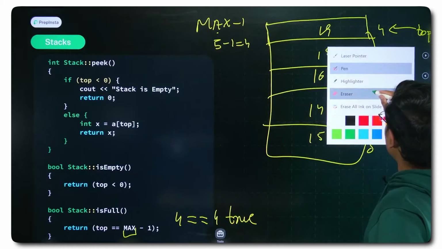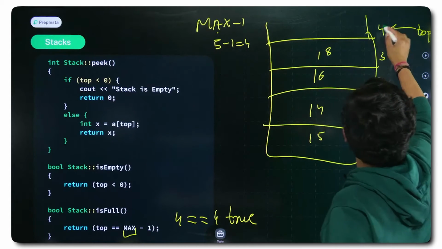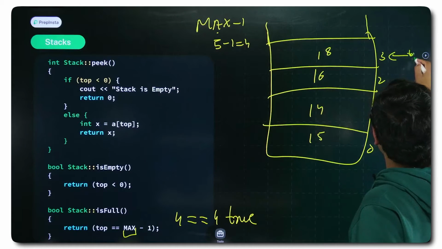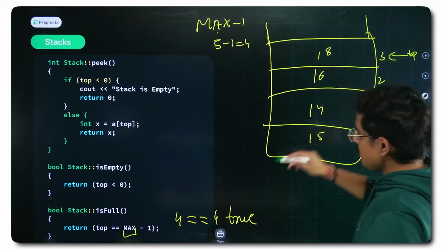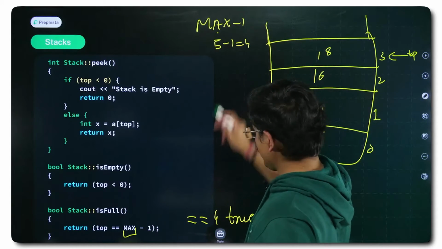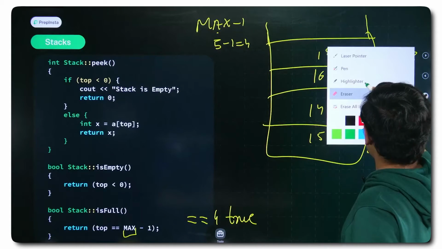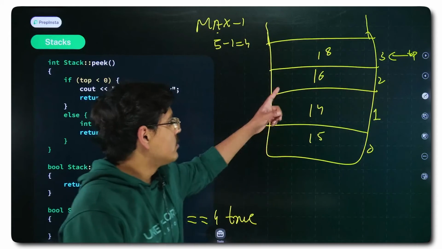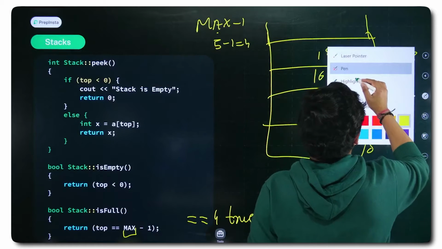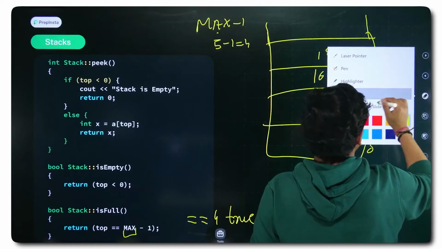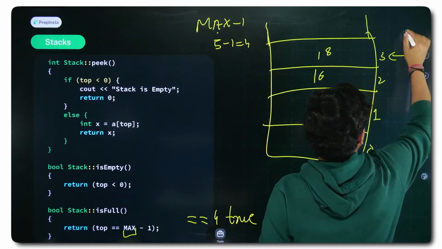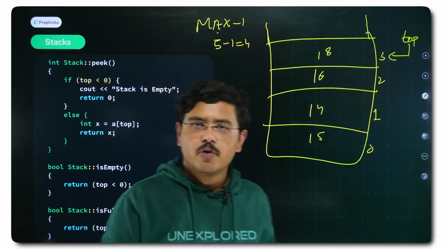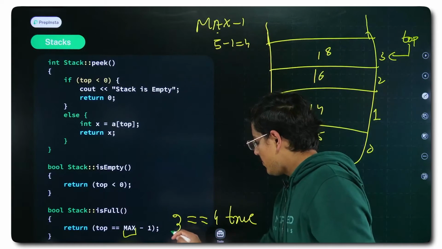Just imagine you didn't have this element. Fine. So your top was pointing here. Now max minus 1 is still the same, 4. But in this case, your top is pointing at 3, which basically means the value here would be 3.